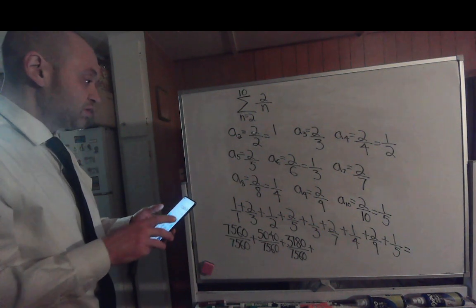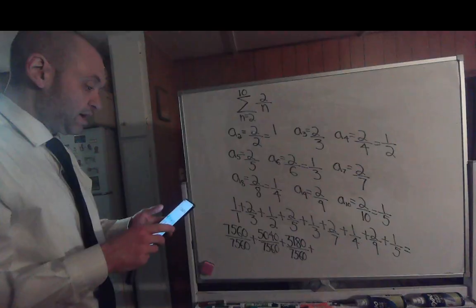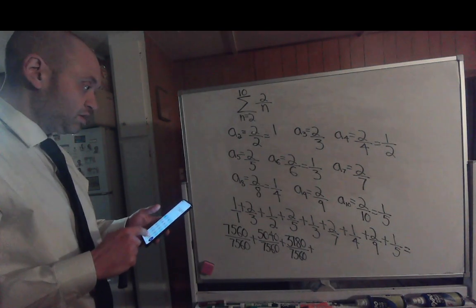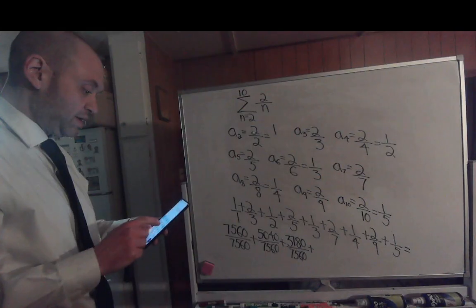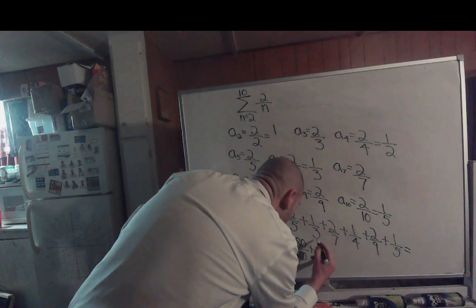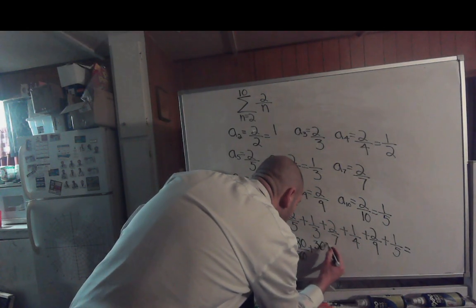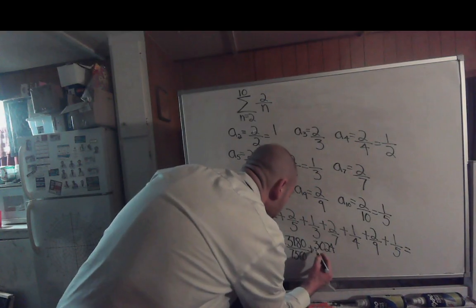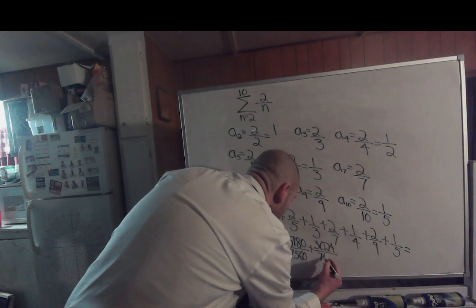All right, so I need to multiply numerator and denominator by 1,512. So if I multiply the numerator by that, I should get 3,024 over 7,560.